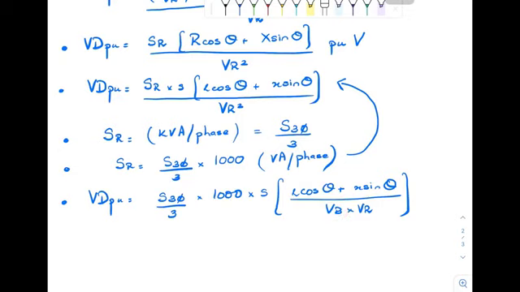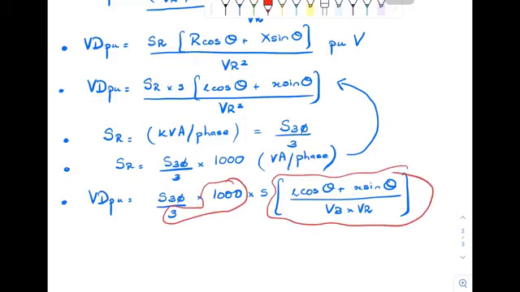So if VB is equal to VR, meaning you are selecting the base voltage as the receiving end voltage, then you will have VR square in the denominator. So K is basically this factor multiplied by this factor.